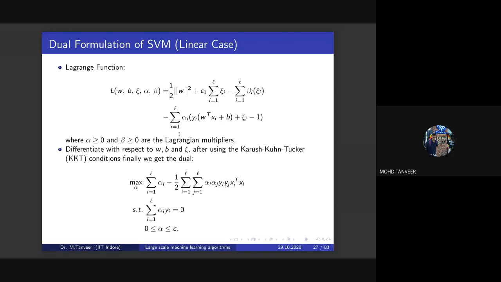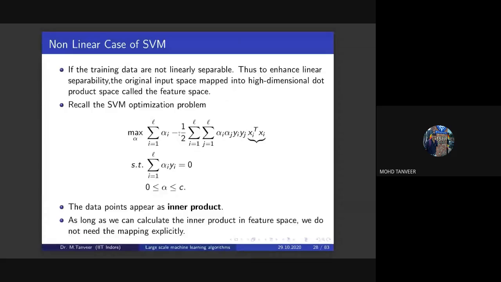You can observe that xi transpose xj is coming. So the data points in the dual formulation appear only as an inner product or dot product. As long as we calculate the inner product in high dimensional space, if we talk about the nonlinear case, we do not compute the mapping explicitly.